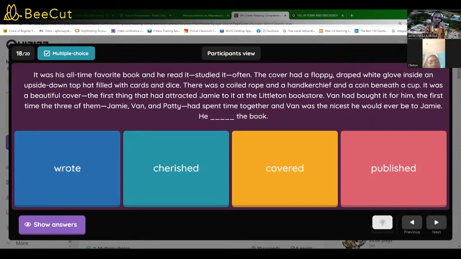The first thing that had attracted Jamie to it at the Littleton bookstore. Van had bought it for him. The first time the three of them, Jamie, Van, and Patty, had spent time together, and Van was the nicest he would ever be to Jamie. So he cherished the book.